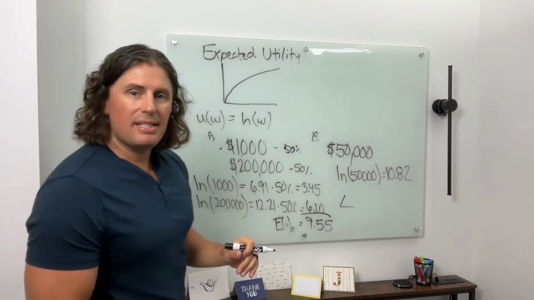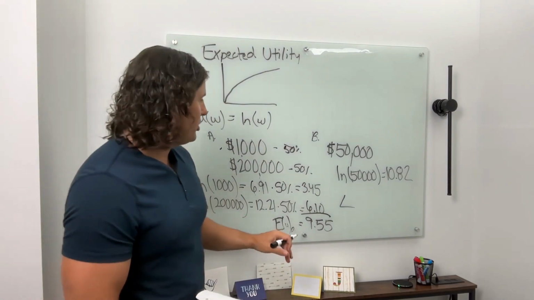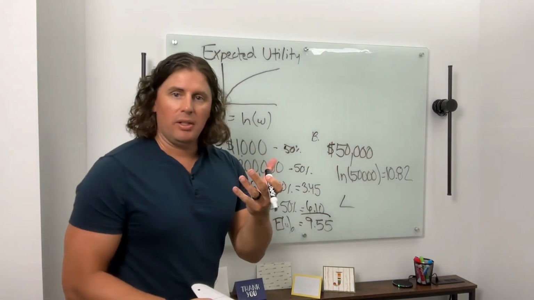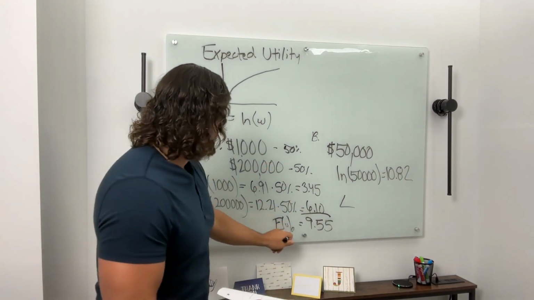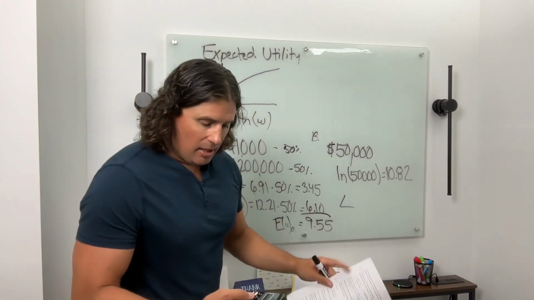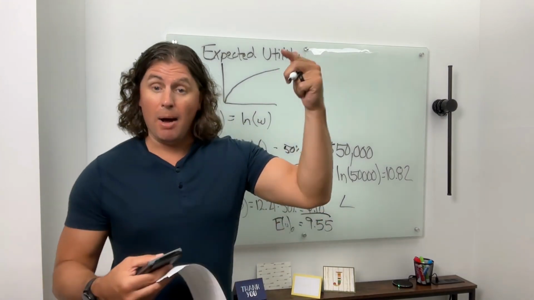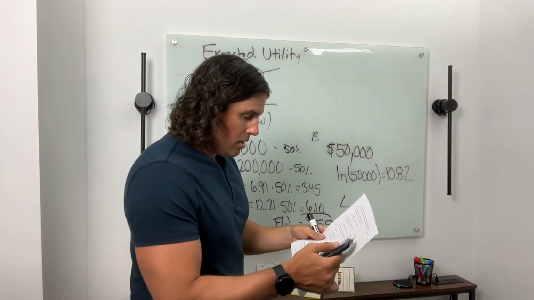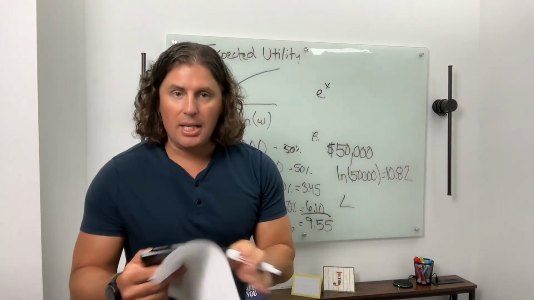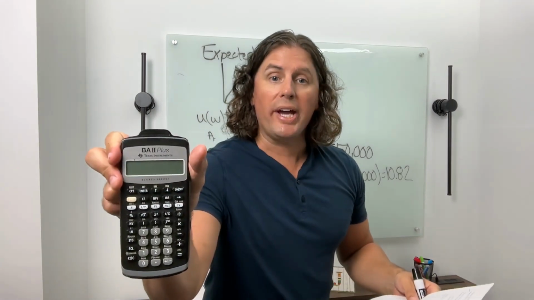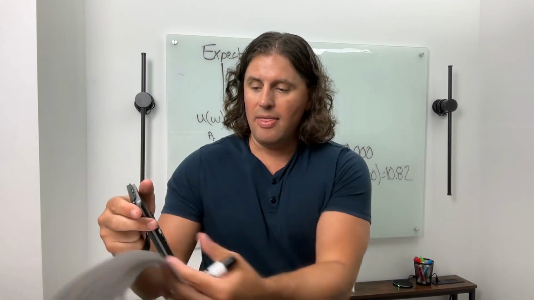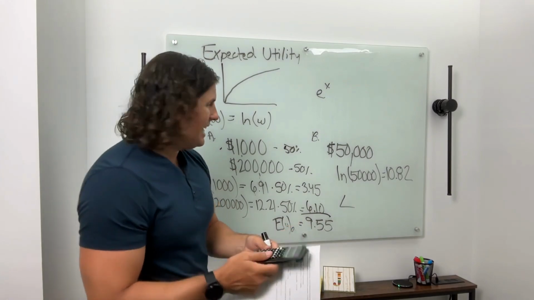If we wanted to take that one step further, we could ask, what is my certainty equivalent? In other words, what would be the amount that I would be willing to be indifferent from based on my utility over here? In order to take the natural logarithm back up, we're going to use a function called e to the x. Now, it just happens to be on my BA2 Plus calculator right above the ln. So I'll hit the second button, and then ln, which would give me the e to the x.